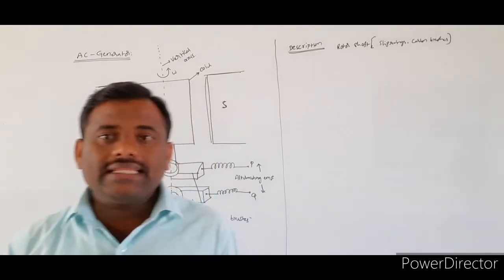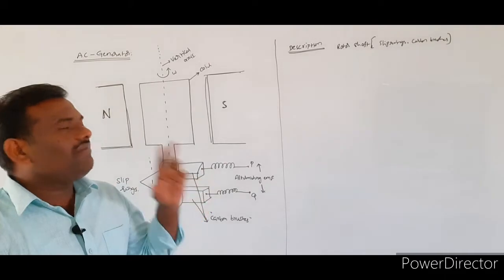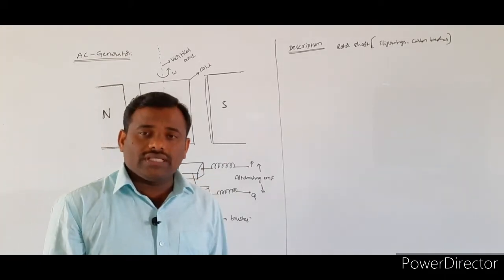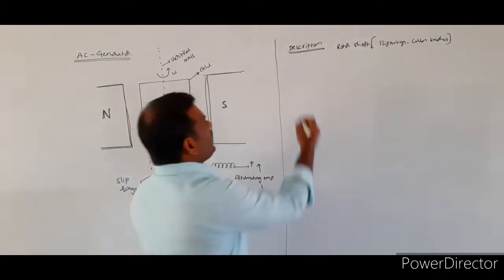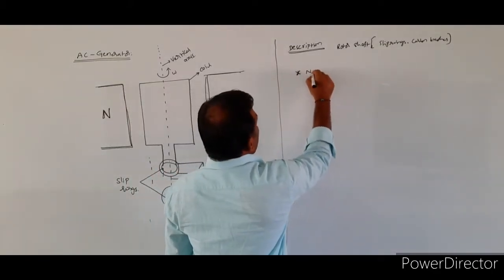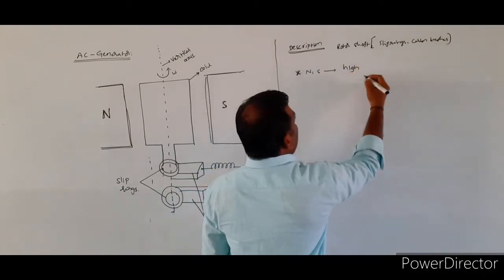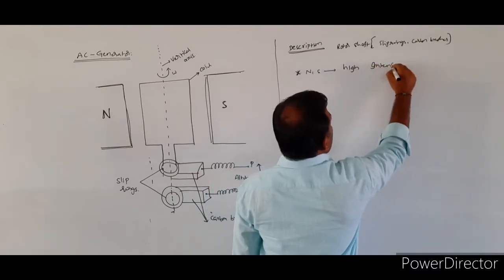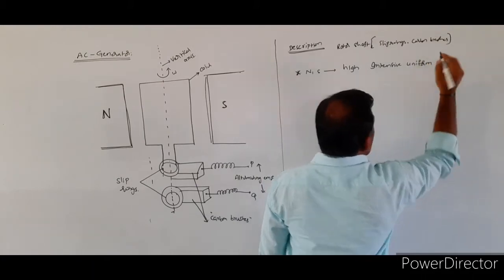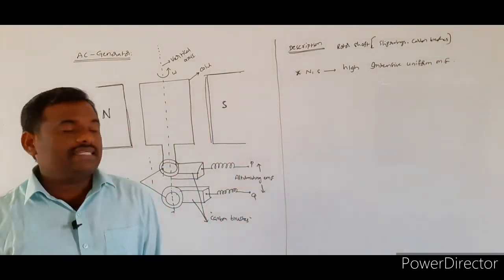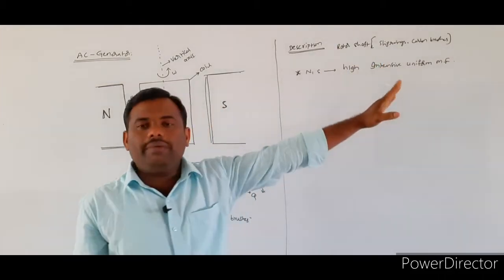By considering these, they will be producing a very intensive uniform magnetic field. So what is the use of the north, south pole? Means they will produce a high intensive magnetic field.